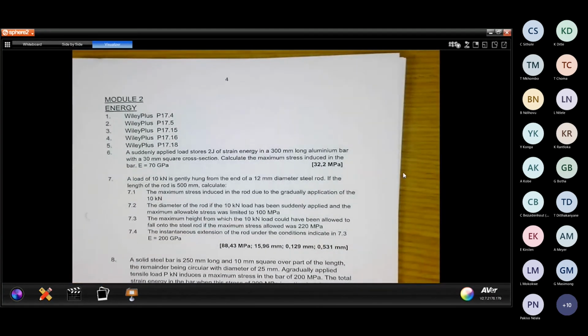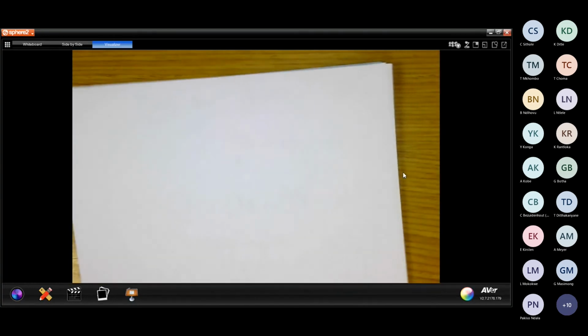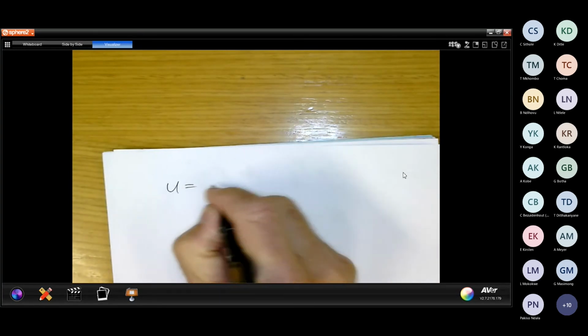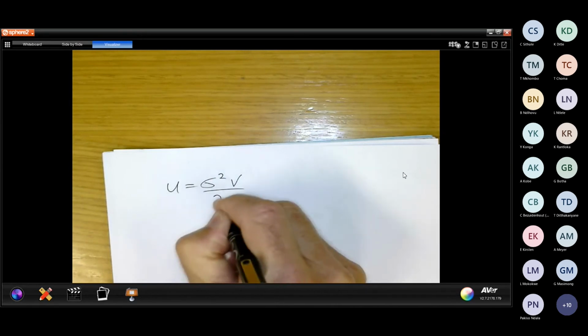If you remember the tutorials, you say the suddenly applied load stores 2 joules of strain energy in a 300 millimeter long aluminium bar with a 50 millimeter square cross section. Calculate the maximum stress induced in the bar.